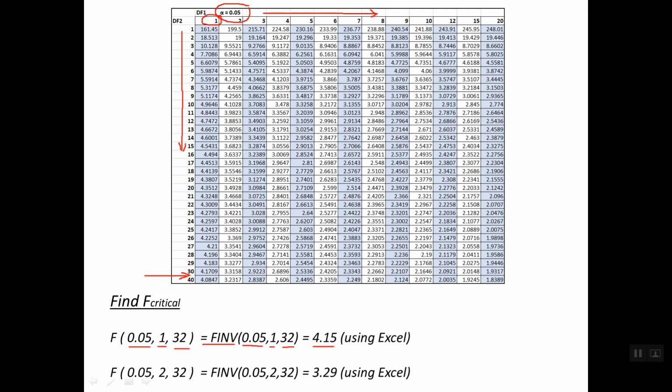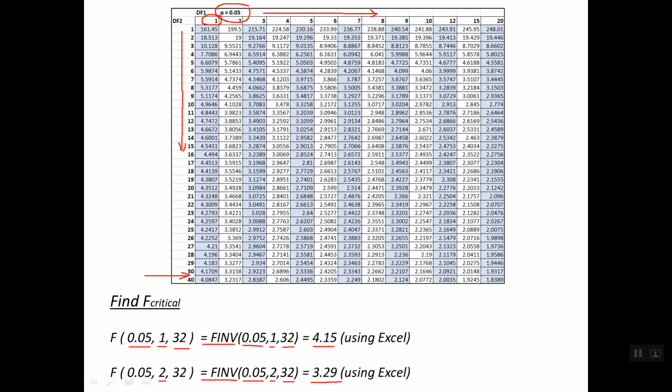Regarding the second factor and the interaction, notice that they both have the same degree of freedom, which is 2. So they will have the same critical value of F. This is the function used in Excel to determine the critical F. This is the probability, this is the first degree of freedom, and this is the second one.